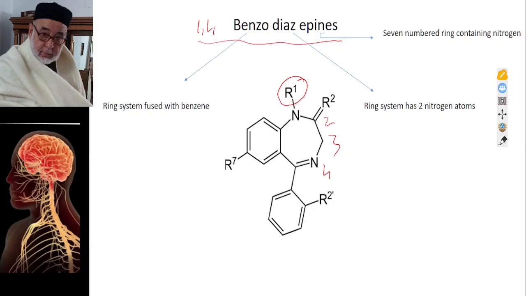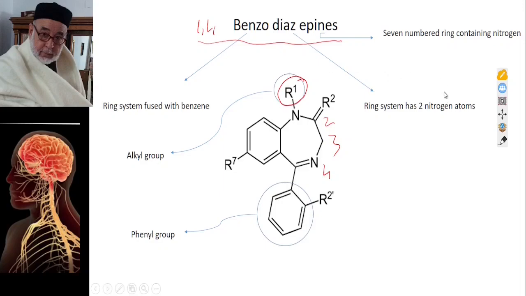Usually, benzodiazepines have a substitution at the nitrogen atom, and this substitution, which is usually an alkyl substitution, is necessary for the pharmacological action. Also, the substitution at position 5 is essential for the pharmacological effect. Usually, this substitution is by a phenyl group.